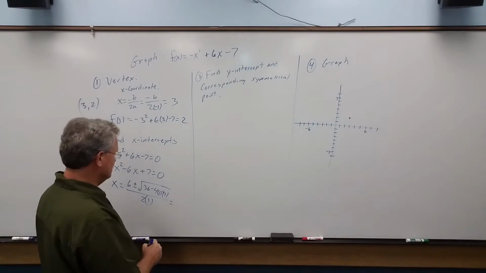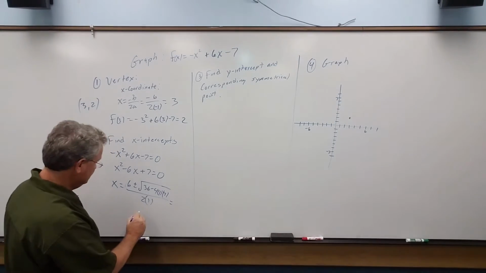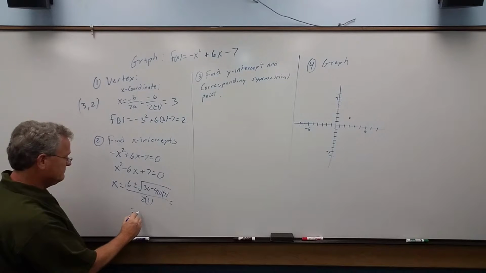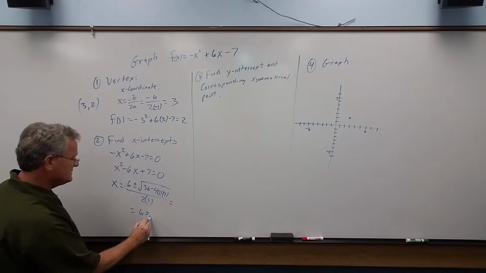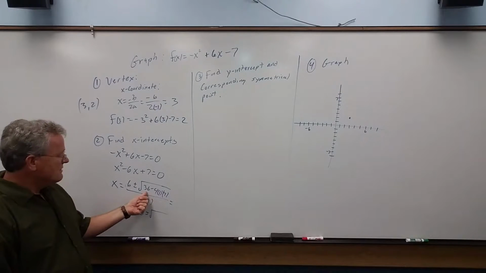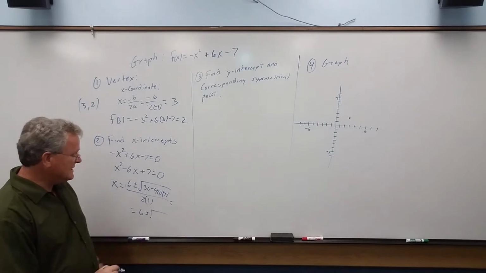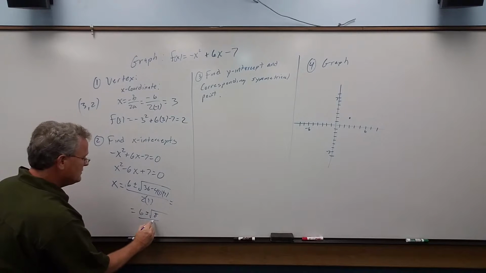This is equal to 6 plus and minus the square root of 36 minus 28, which is 8, over 2.